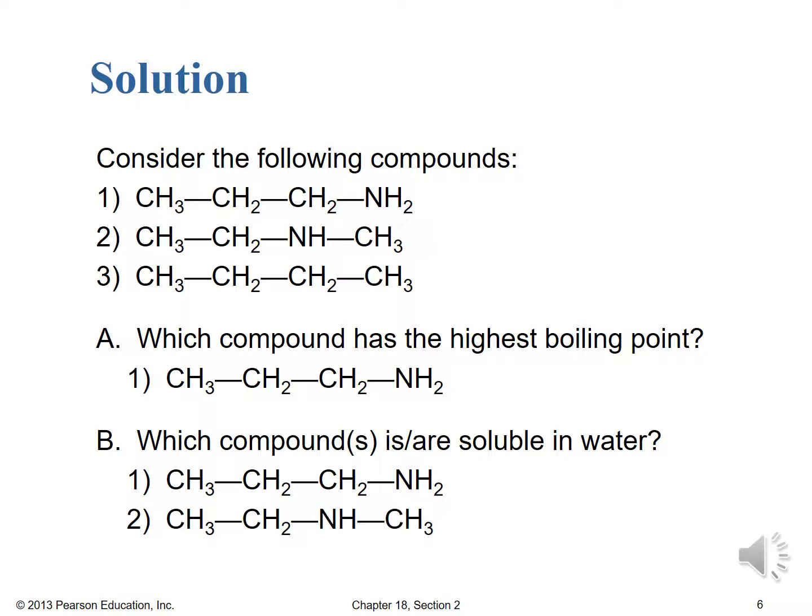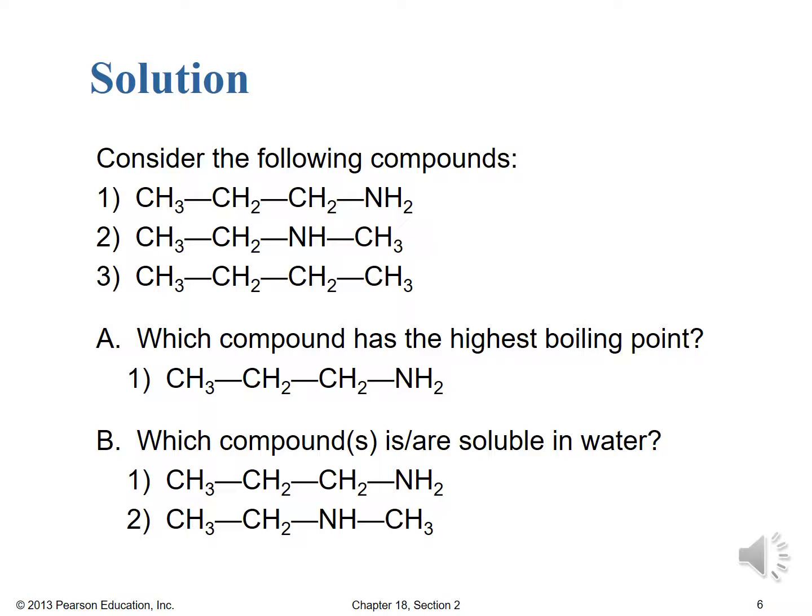They can hydrogen bond with water as a hydrogen bond acceptor, but they have no NH bond to be a donor. So primary amines have the highest boiling point, secondary amines have somewhat lower, and then tertiary amines would have the lowest boiling points of the amines. In this particular example, where we have plain old alkane for number 3, that would have a lower boiling point than any amine.